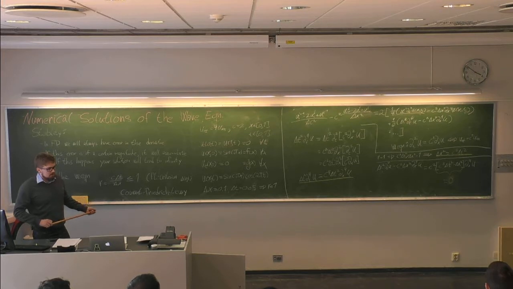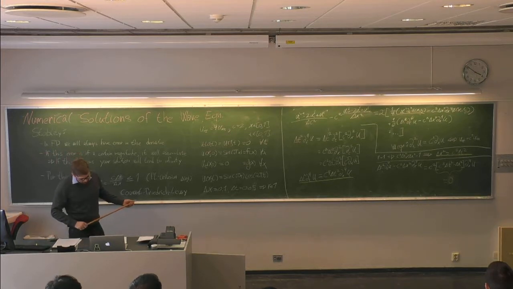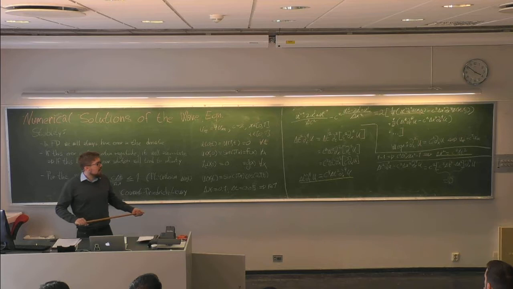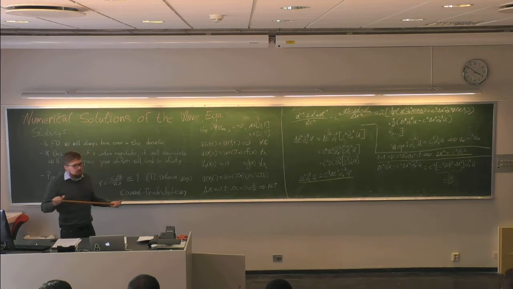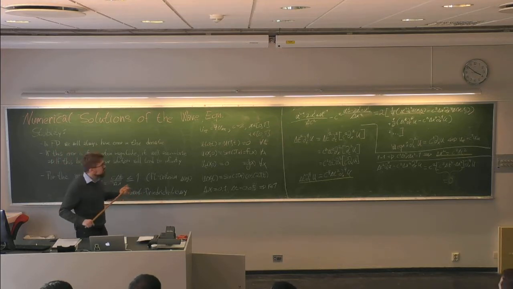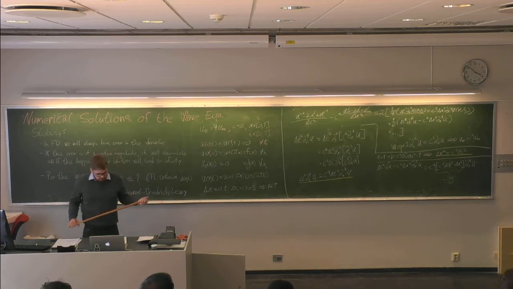So the only error we have here is in the floating point operations in your computer. We're using double, and double in MATLAB has this amount of precision. Well, that's the best we can do. I mean, we can't invent new computers just to solve the wave equation.